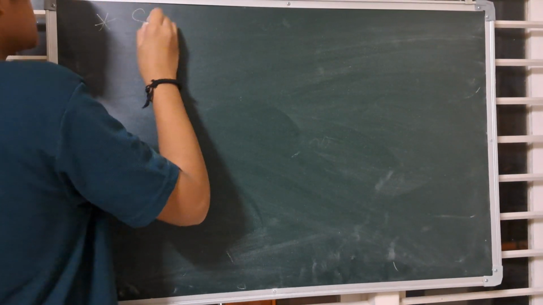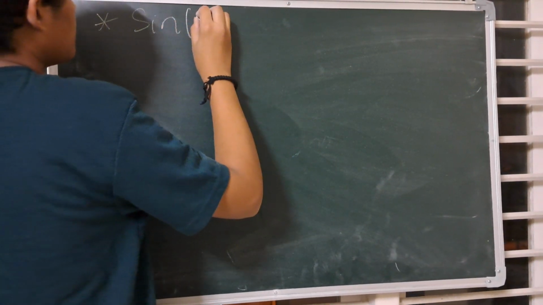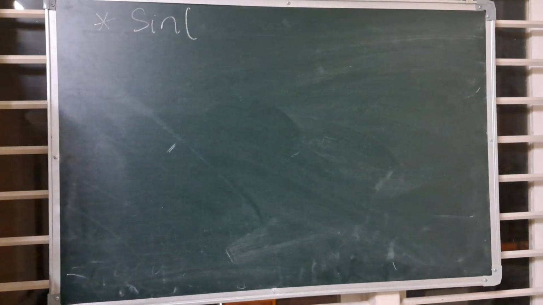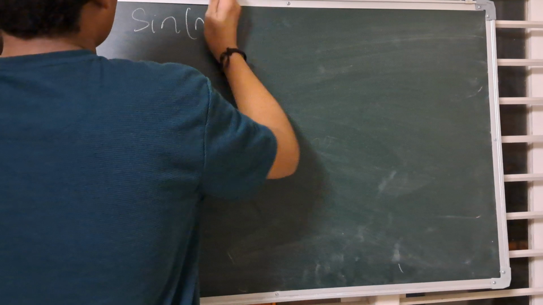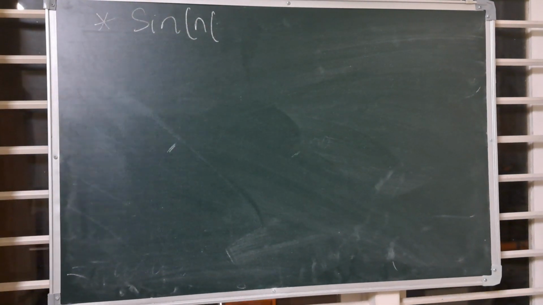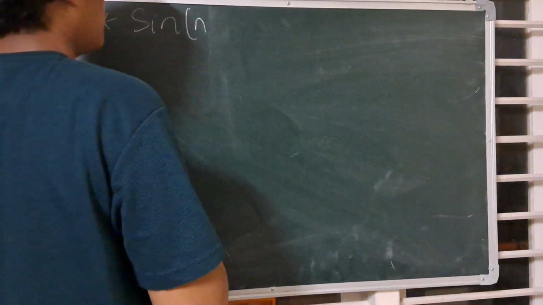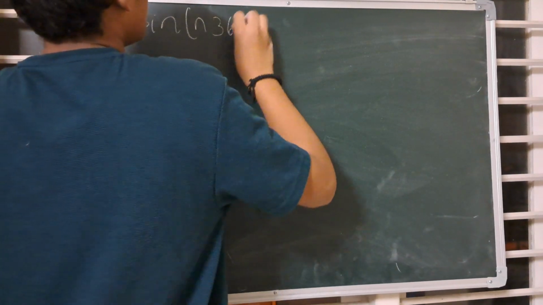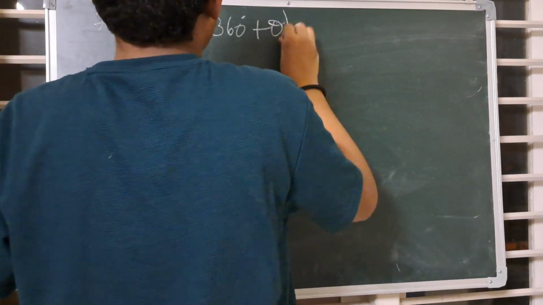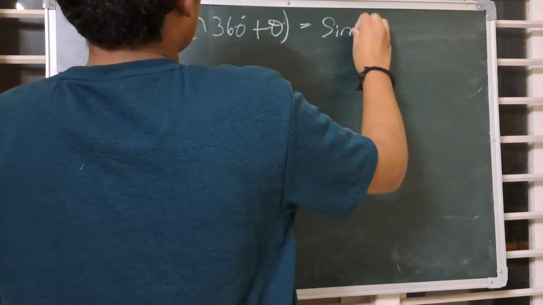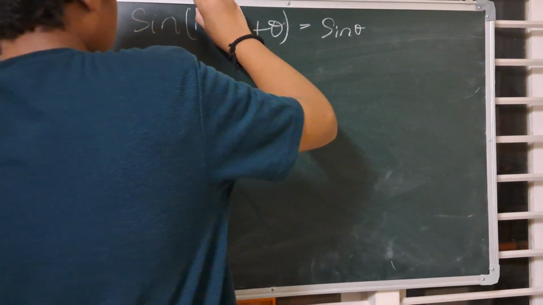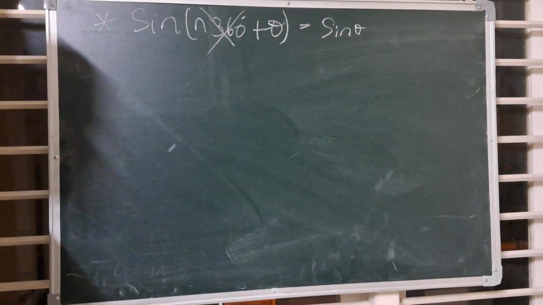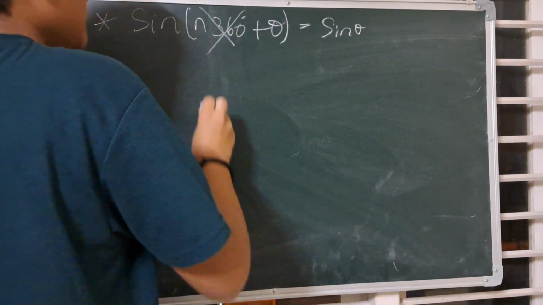Sine of n into 360 plus theta is equal to sine theta. So we will ignore this part and directly write it as sine theta.